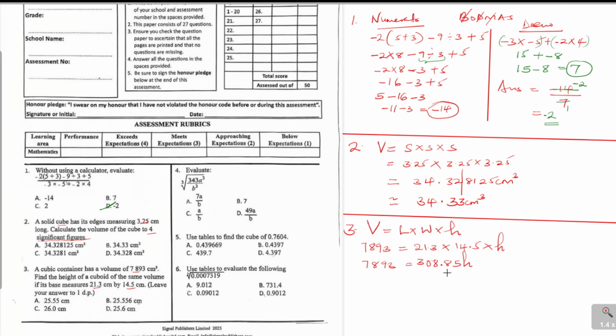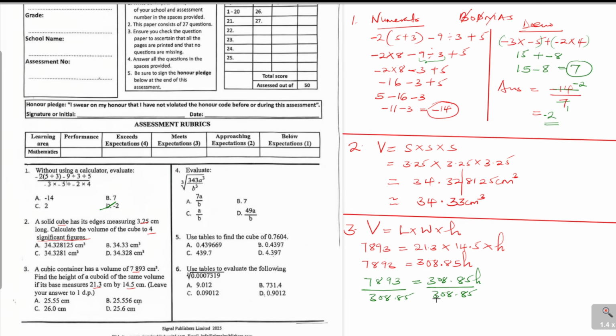So for you to get h, you simply divide both sides. We have 7893 equals 308.85 h, so divide both sides by 308.85.